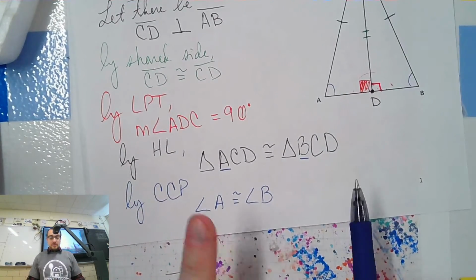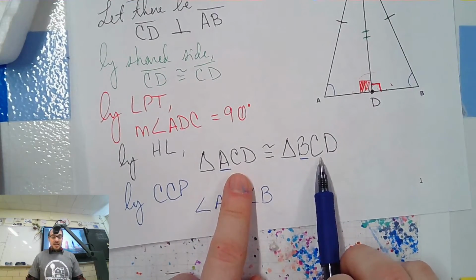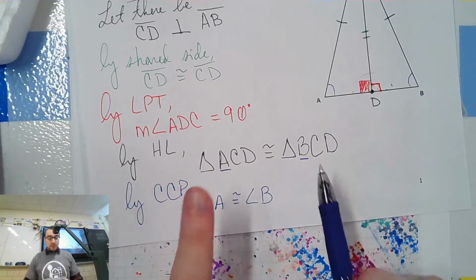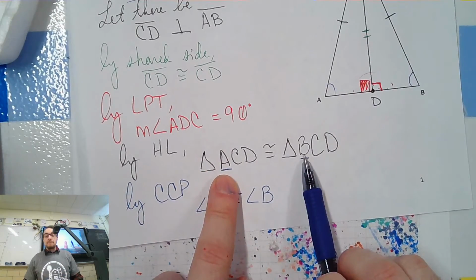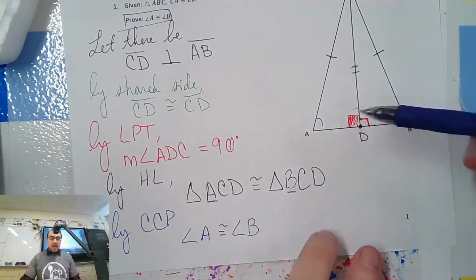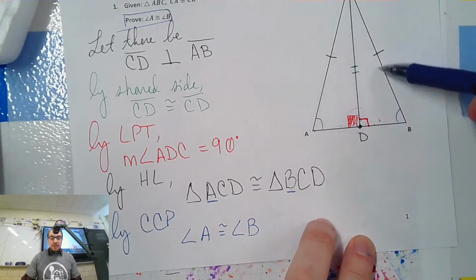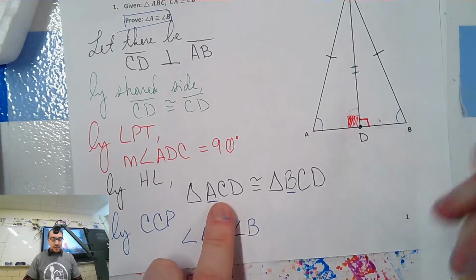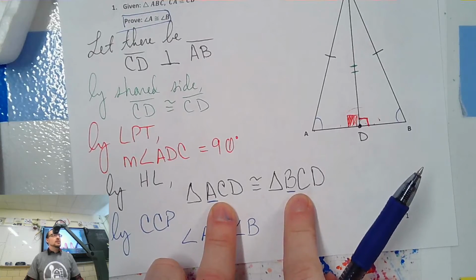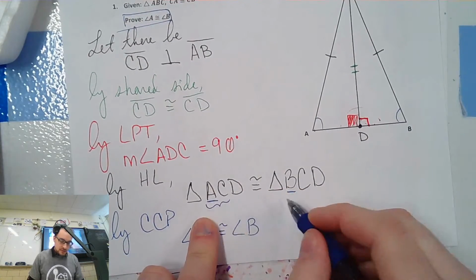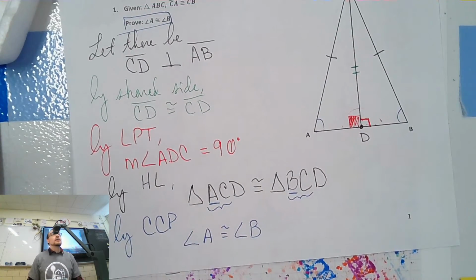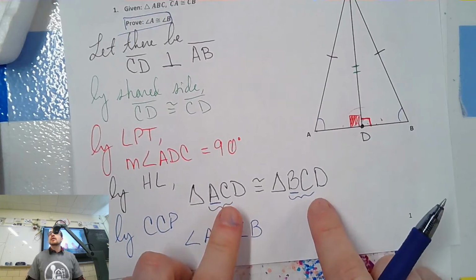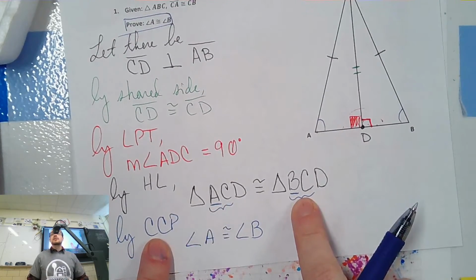So first we have to prove the triangles are the same, and then we can say their parts are the same. Which parts? The parts that are in the same spots. Notice that we already knew that AC and CB were congruent, right? Look at AC and CB. Are they in the same relative spot? They are. So when you write your letters correctly, you can look up here and then use CCP.